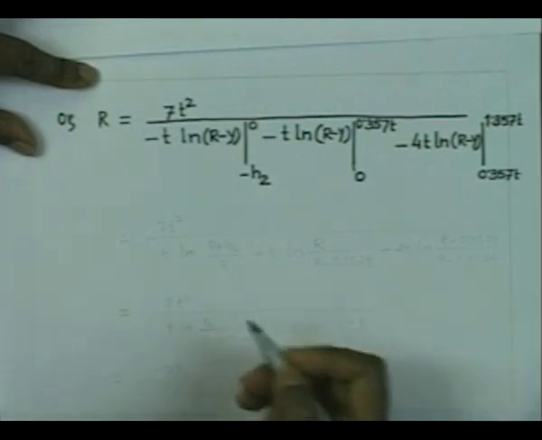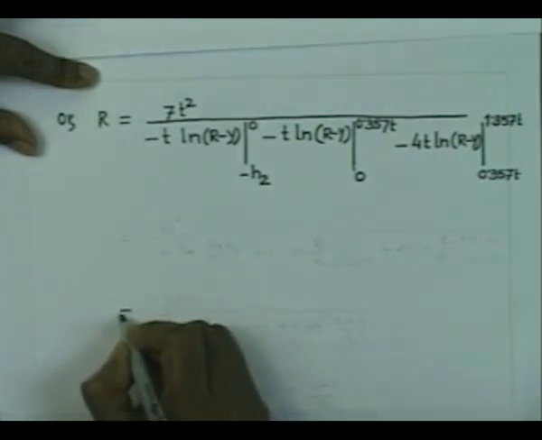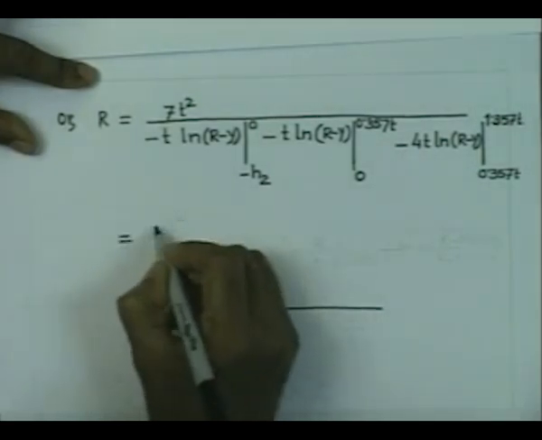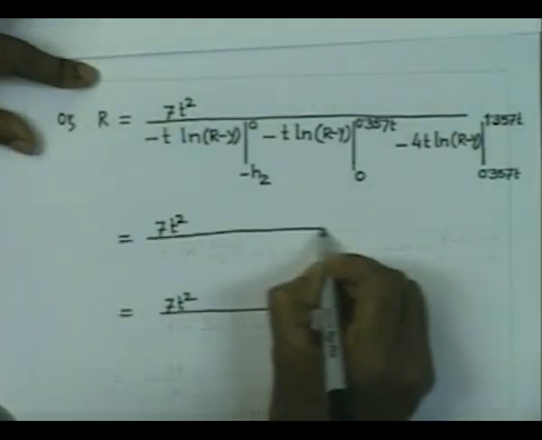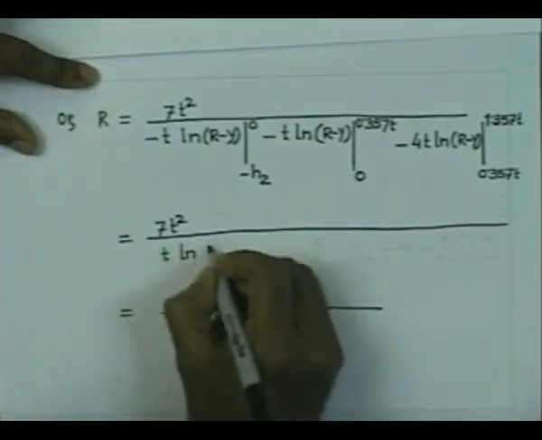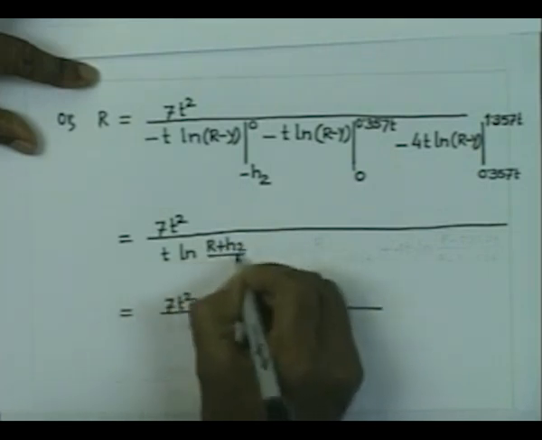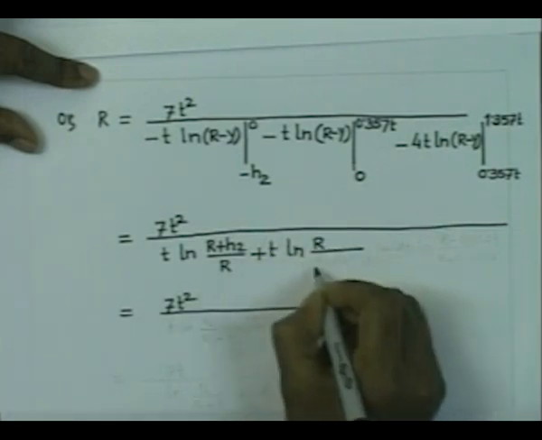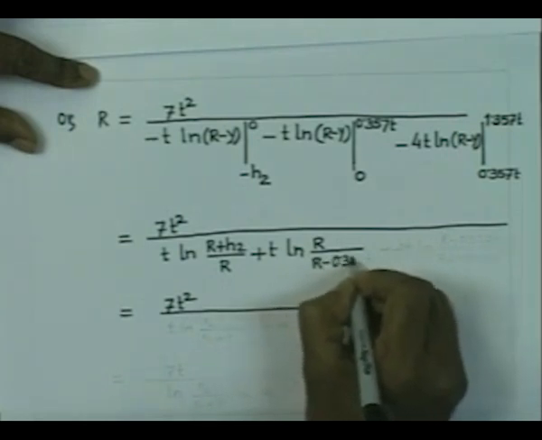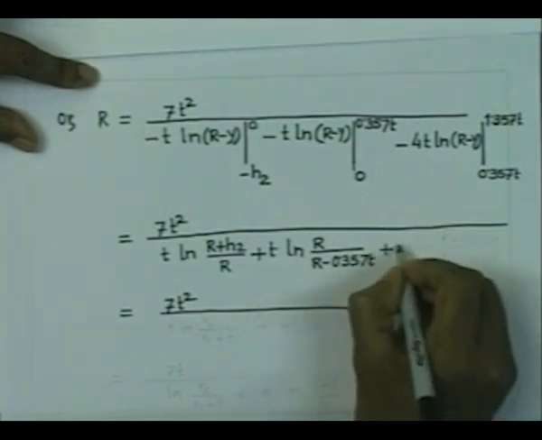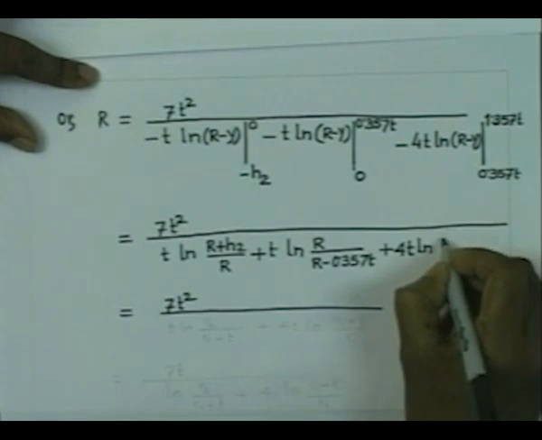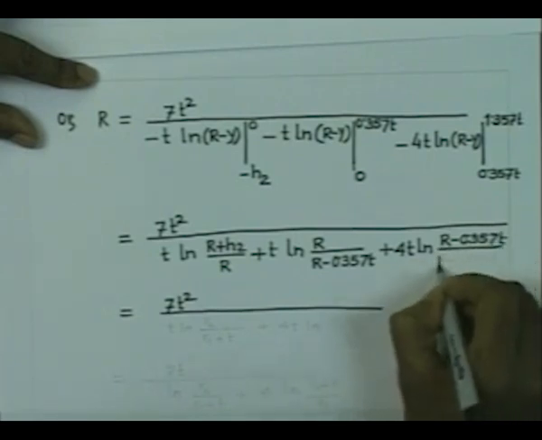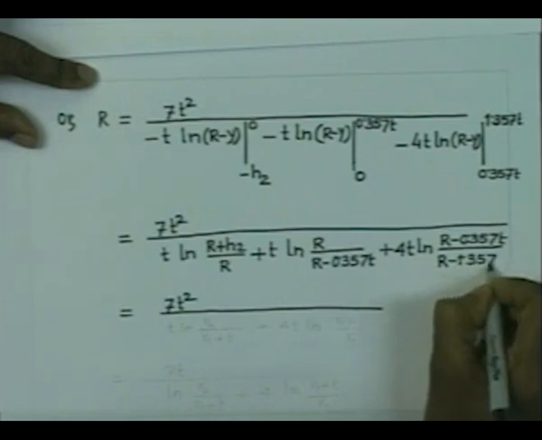So, finally, we can write this thing as, let us write the intermediate steps also, 7T square divided by T ln r plus h2 by r plus T ln r minus 0.357 T plus 4T ln r minus 0.357 T divided by r minus 1.357 T.